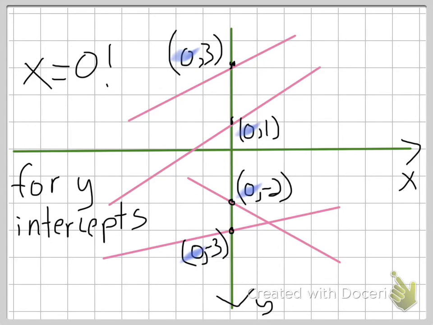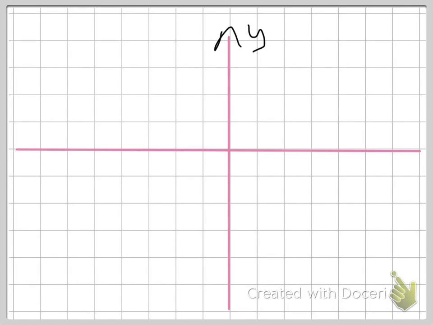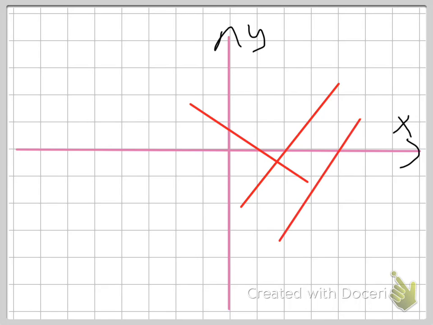Okay? Now let's try to see the case with x-intercepts. Same exact logic. Let's make a line right here, another one right here, right? This is going to be x. This is going to be y. So x-intercept is going to cross the x-axis. Let's come up with a few different lines. Let's find out what these are.